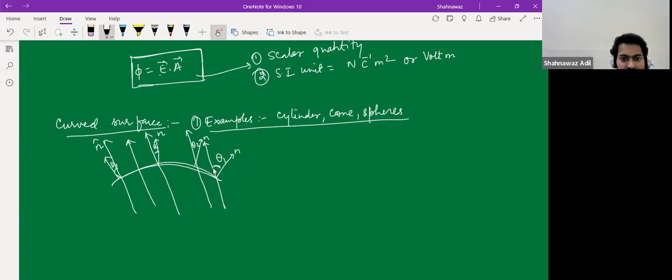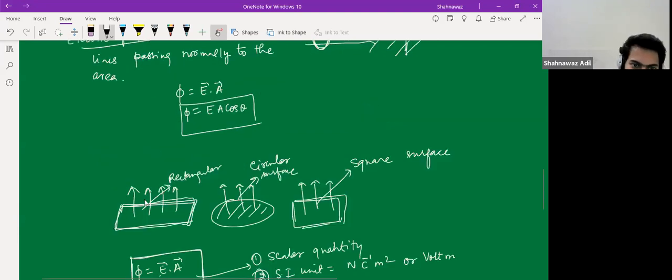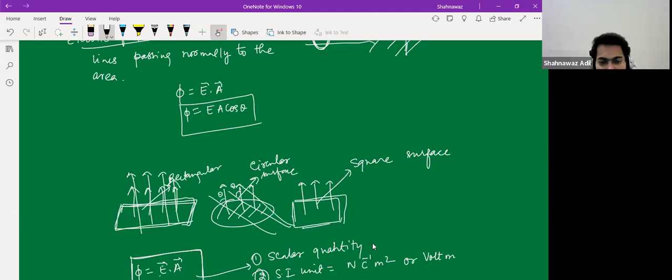So what is changing? You guys can see the difference. For the plane surface, let's say this is the electric field, and this is the electric field. For the plane surface, was this angle the same or different?